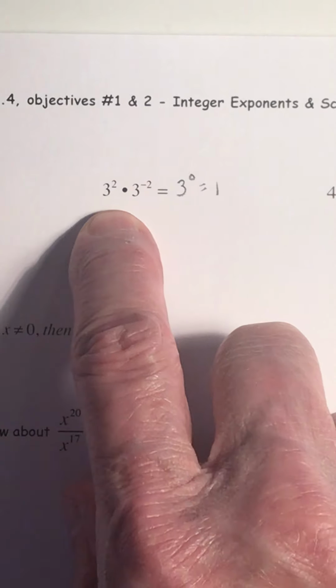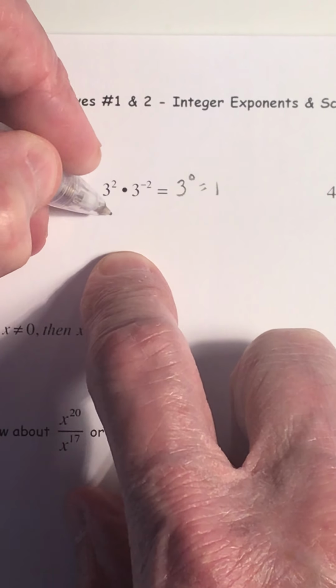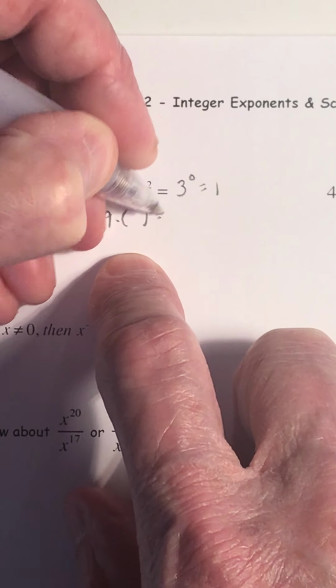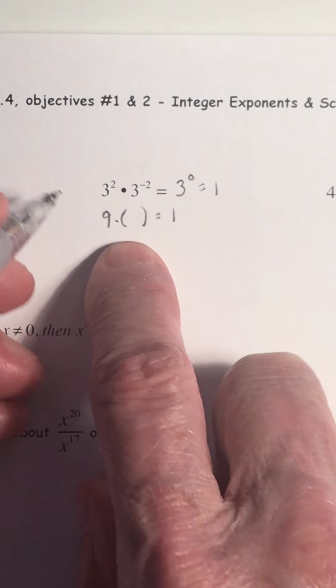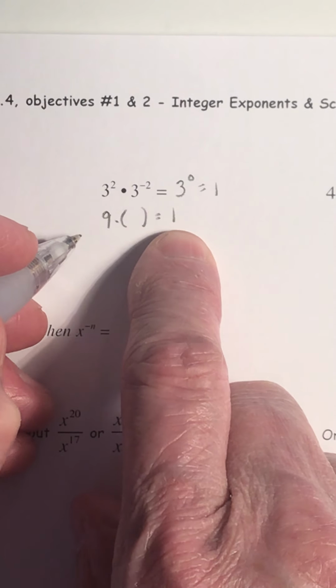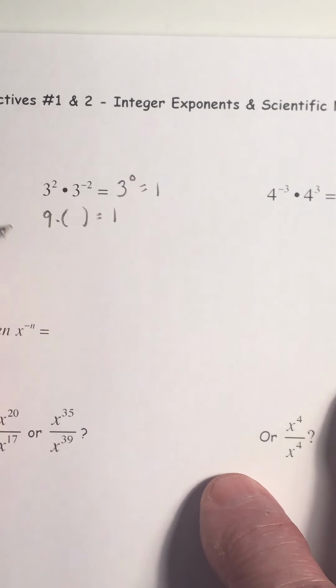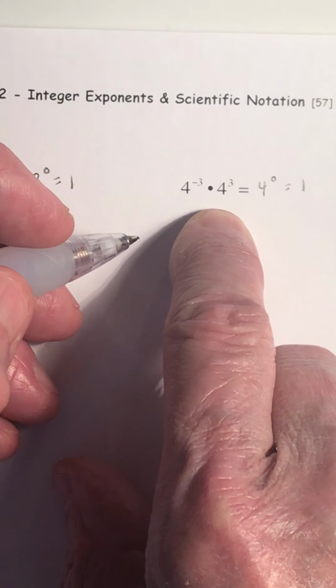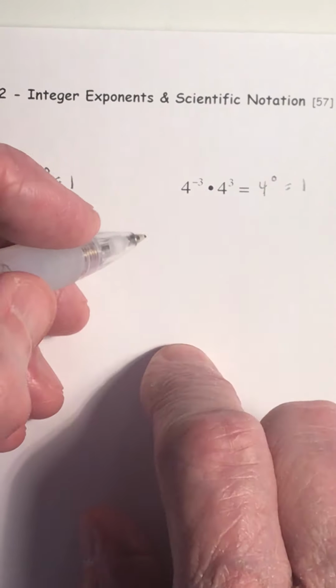How much is 3 to the second power? That's 3 times 3, that's 9. So we're saying 9 times this equals 1. What do you multiply 9 by and you get the answer 1? Think about that for a second. And over here, 4 to the third is 4 times 4 times 4. That's 64.